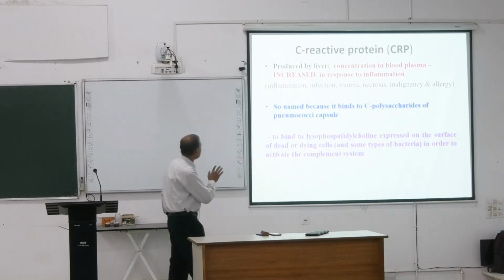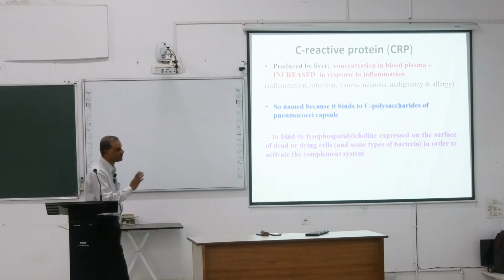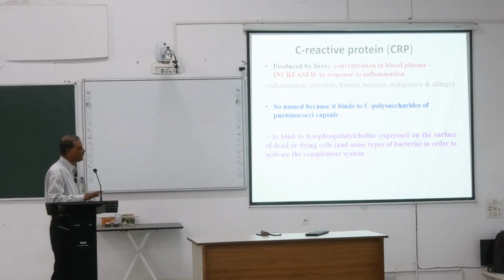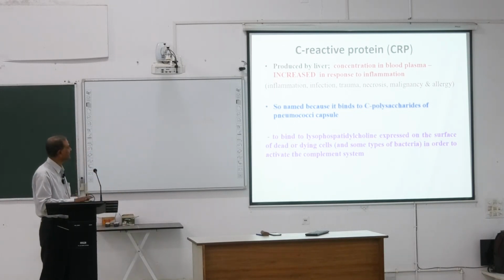So C-reactive protein is produced by the liver. Its concentration is increased in plasma in response to inflammation. Inflammation can be caused by an immunological reaction, and by any means, even a physical injury can cause inflammation. Other causes of inflammation are infection, trauma, necrosis, malignancy and allergy.